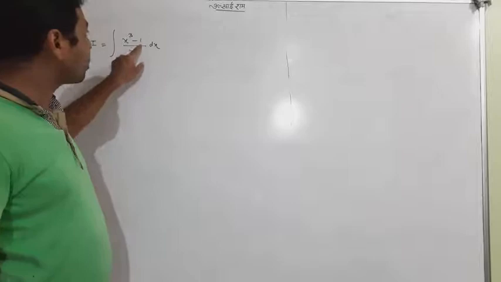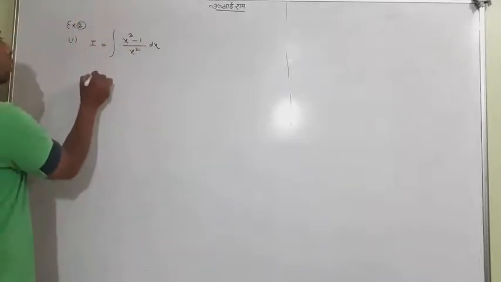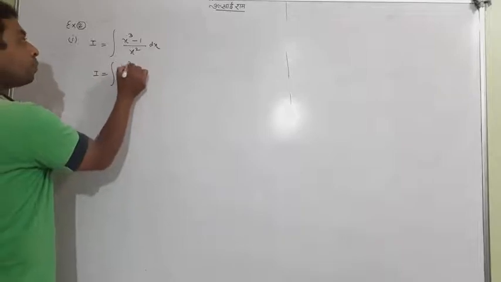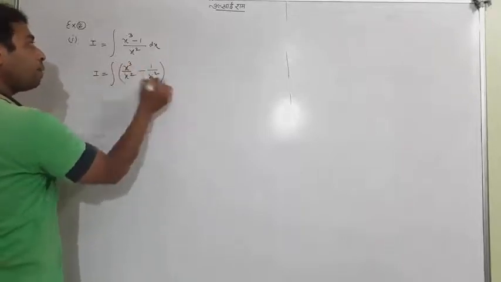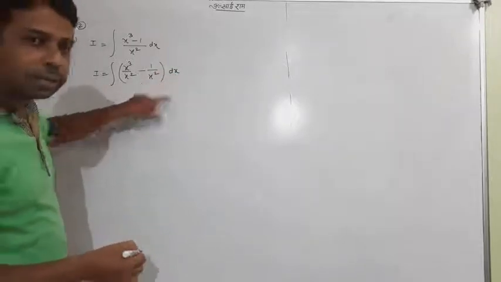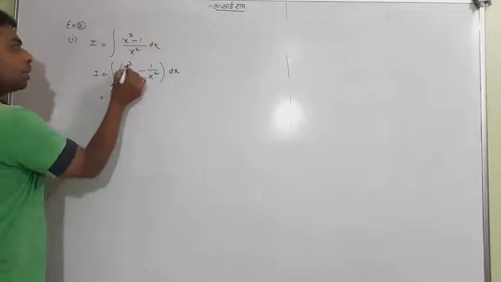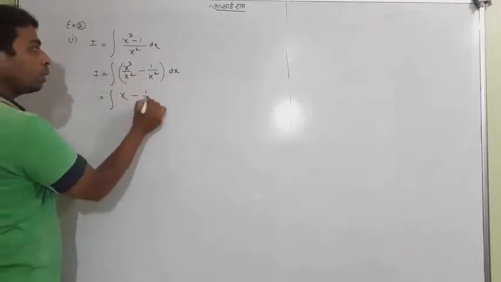You do only separation. So keep in mind, you separate the terms like that and make a bracket and dx, because it is integration with respect to x. Now what to do? Definitely this will cancel, so it will be x there, and it is 1 by x square here.